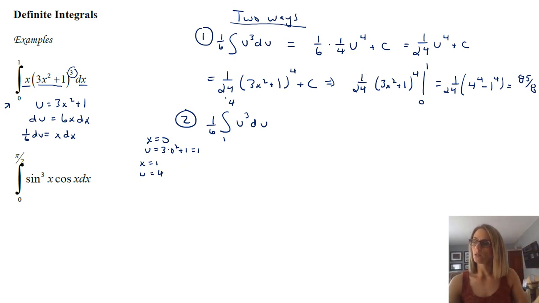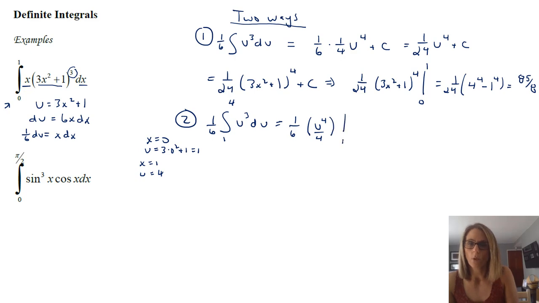And now I don't need to even take this problem back in terms of x. I can just use it as it is. So that's going to give me 1/6, and then I have u to the 4th divided by 4, or times 1/4, from 1 to 4.